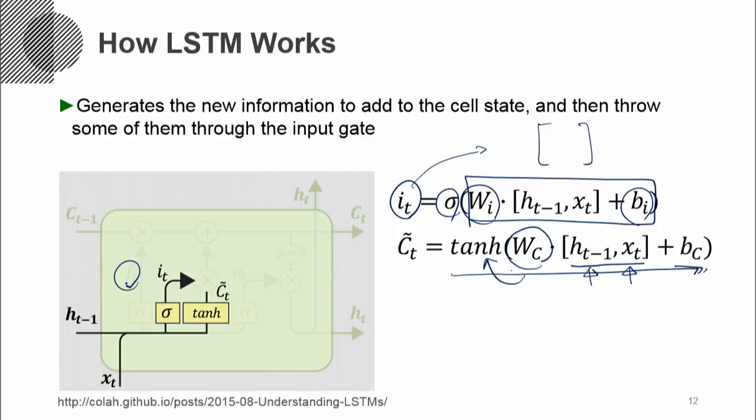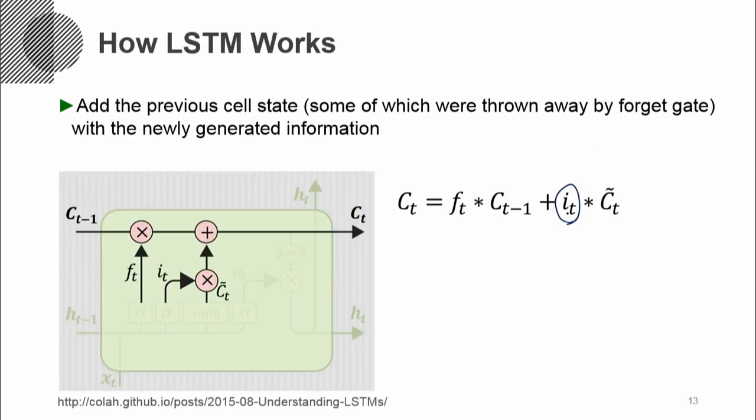And then this input gate, which ranges from 0 to 1, will be multiplied in an element-wise manner with the new information that we generated. And then this information is further added to the previous cell state information after it has gone through the forget gate. In this process, we finally generate the current cell state information in the current time step.